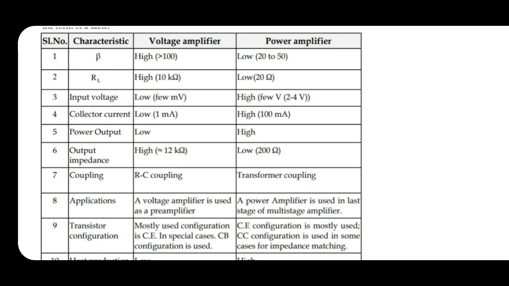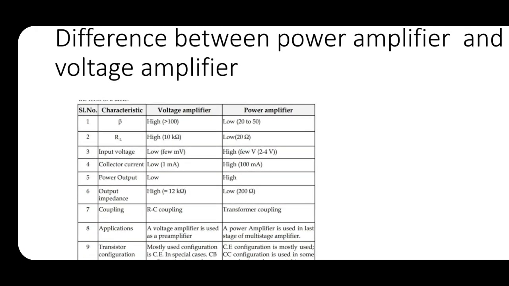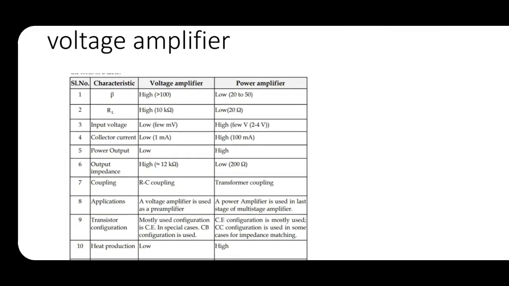Collector current is low for a voltage amplifier, high for the power amplifier. Power output is high in a power amplifier, low in a voltage amplifier. Output impedance we already discussed, high for the voltage amplifier.